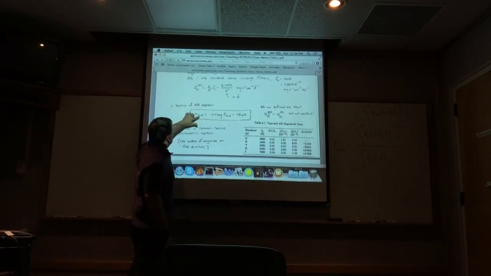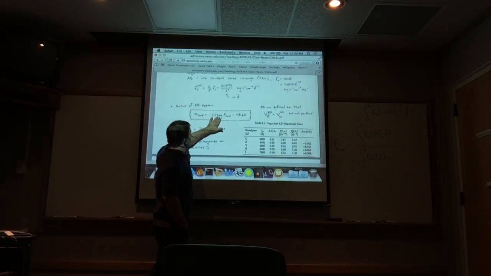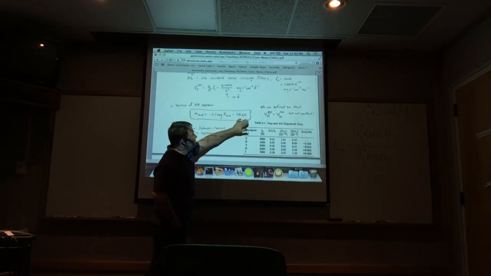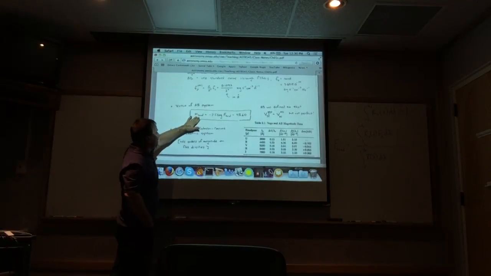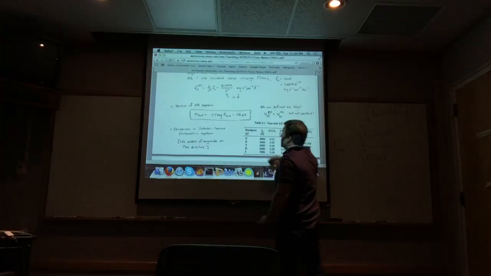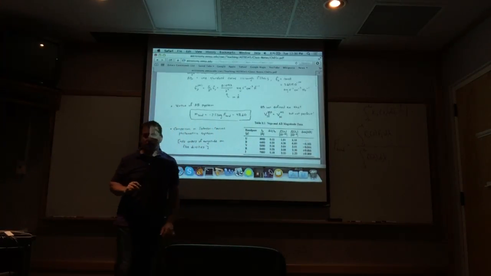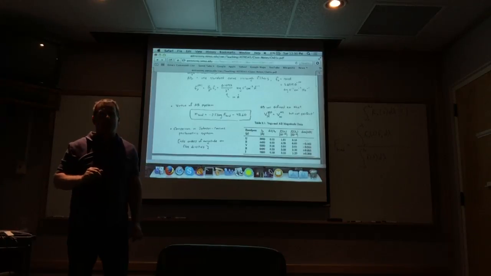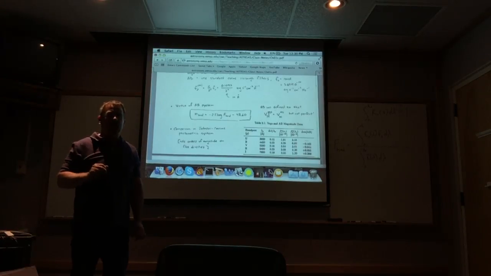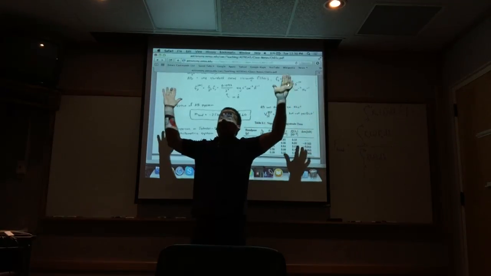So the equation upstairs simplifies to M band equals minus 2.5 log F band minus 48.6. And actually this is true for all bands. Why is it true for all bands? Because it's flat. Voila!